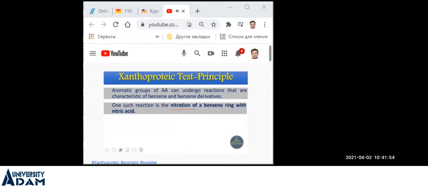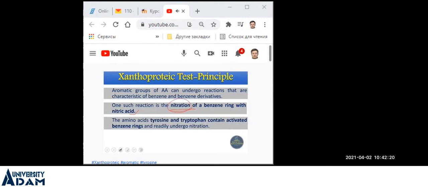Whenever benzene reacts with nitric acid in an acidic environment, it is going to be nitrated, meaning an NO2 group will be added onto the benzene ring. Nitrobenzene is yellowish in color, so after this reaction we are going to get a yellow color.